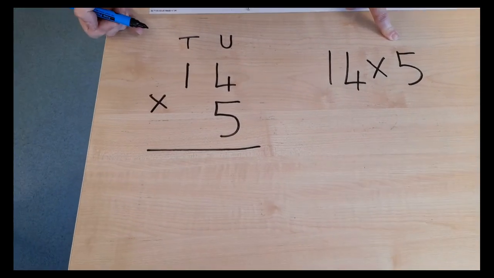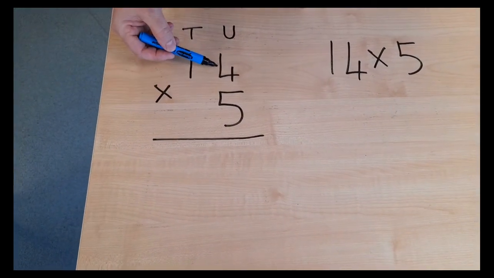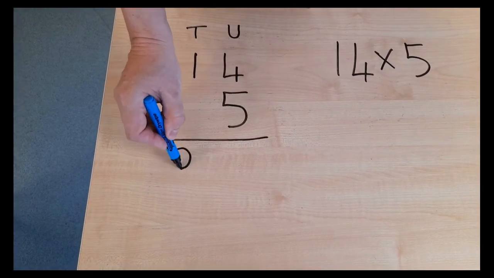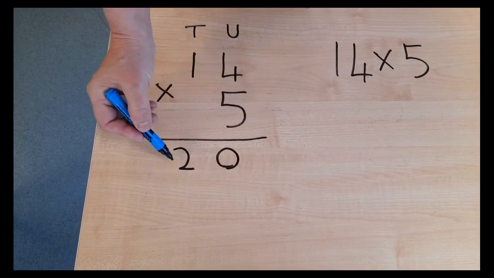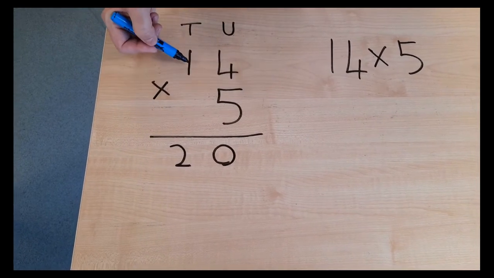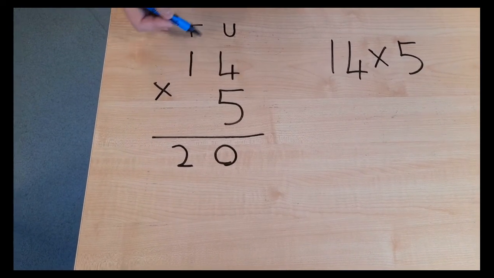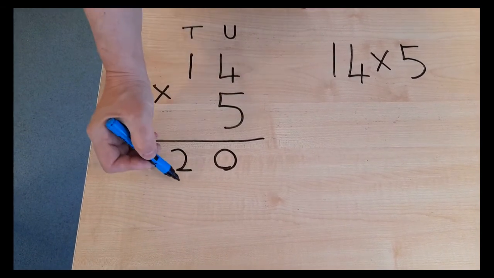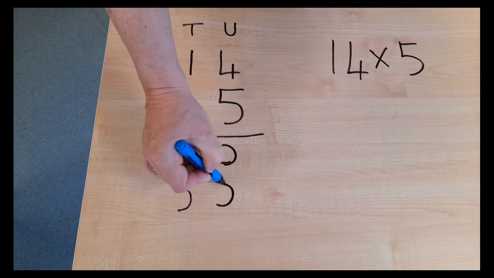Put my equal sign in. 5 times 4 is 20. So I'm going to line it up into the correct tens and units. 5 times 1, it's not 1, we've got to remember it's a 10. So it's actually 5 times 10, which is 50.